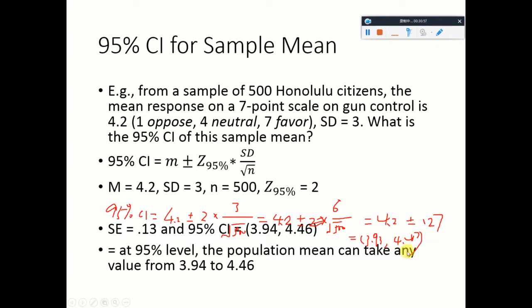If the value is above 4, the population has an average attitude in favor of gun control. But critically, the average attitude could also be as low as 3.93, which is below the neutral point in the direction of opposition. So the population could also be against gun control.